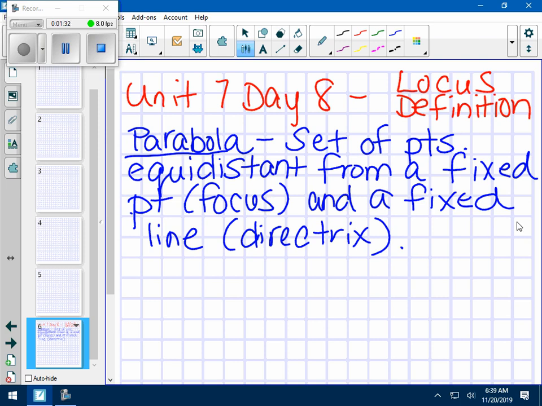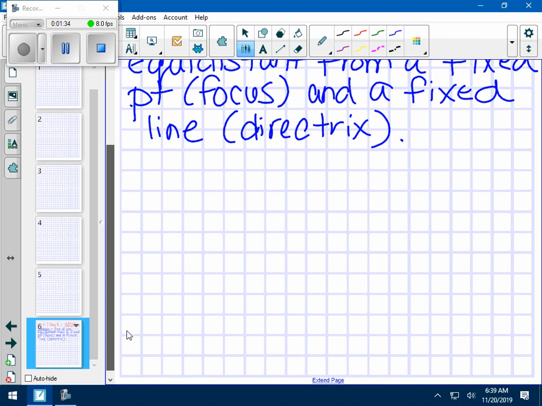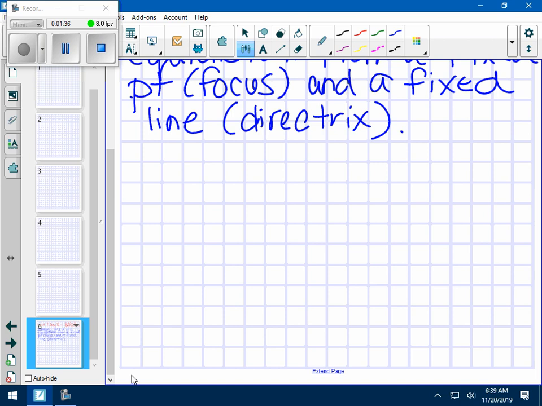If we make a quick set of axes here, I'm going to choose, just for simplicity, a vertex point at the origin.